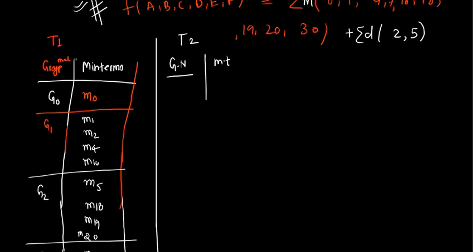So group 0, right? Since it is 0, you have to see the subscript.